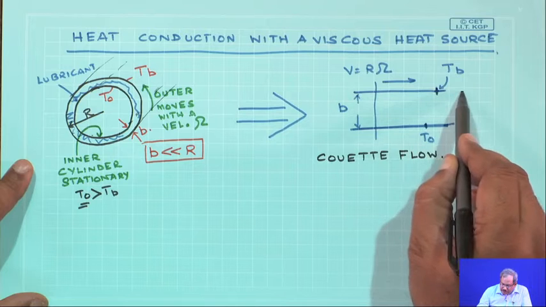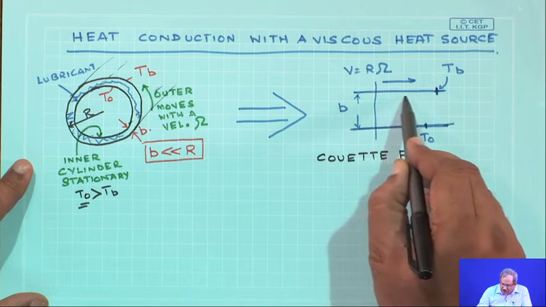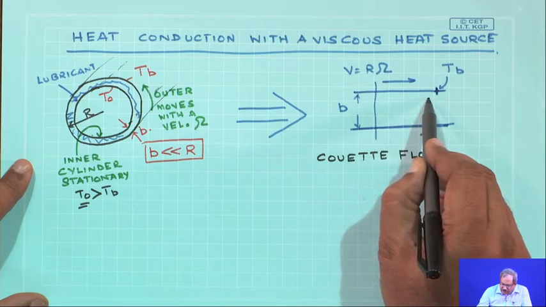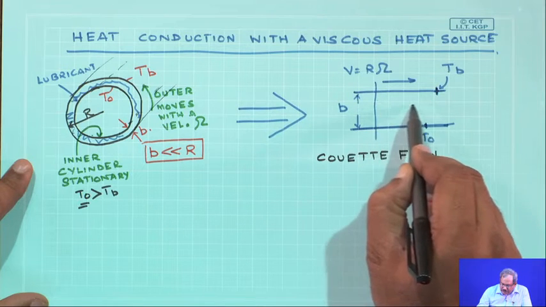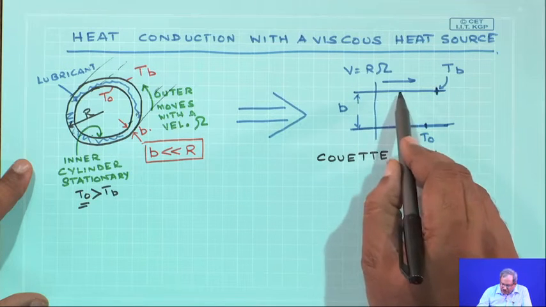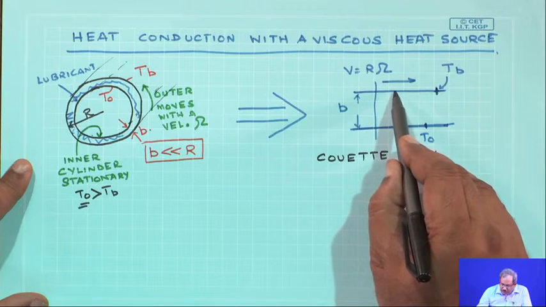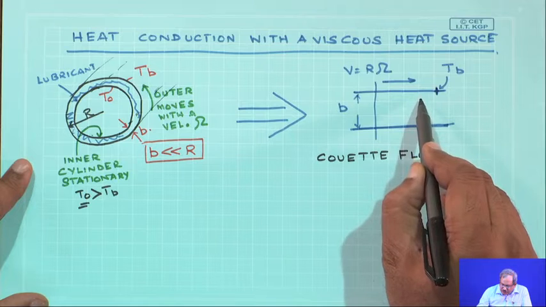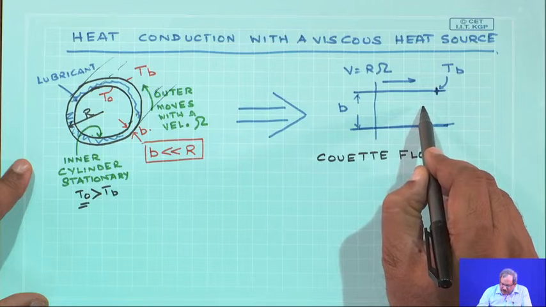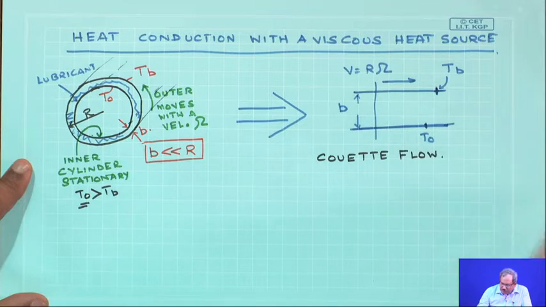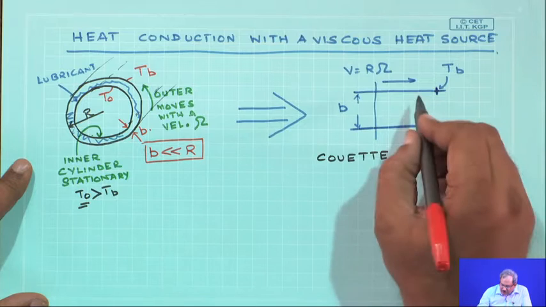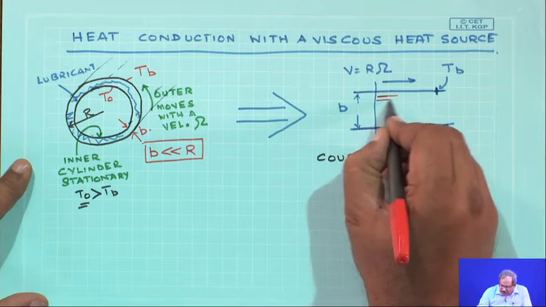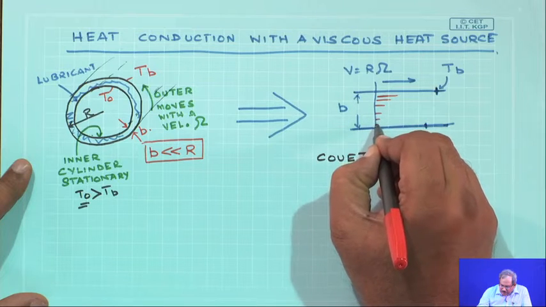The top plate is moving, and therefore, it is going to drag the liquid below, and this layer of liquid is going to drag the layer below it, and so on. So, the motion of the top plate is being transmitted through the liquid due to the presence of viscosity in it. If you can draw this, the layers are going to move like this.